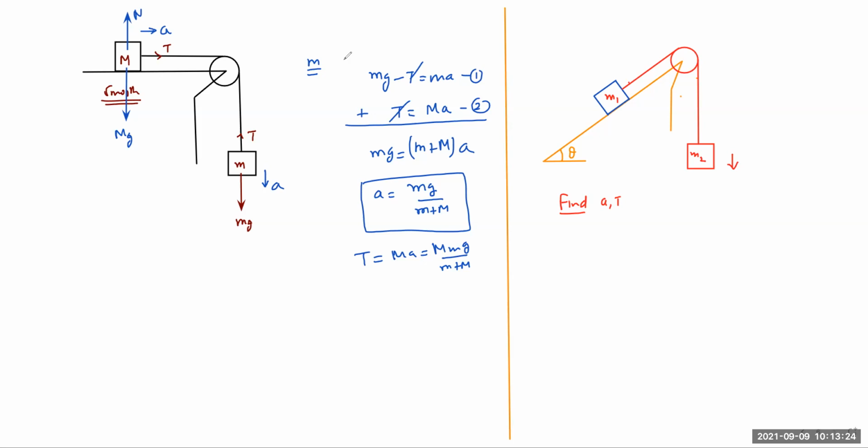Sir, is it M2g minus M1g sin theta divided by M1 plus M2? Once again. M2g minus M1g sin theta divided by M1 plus M2. That's the correct answer for the acceleration. Very good.